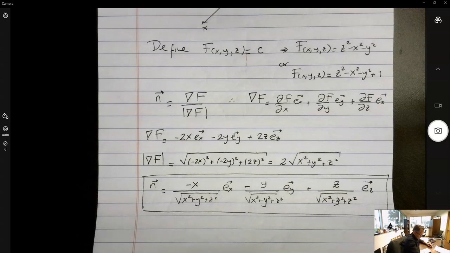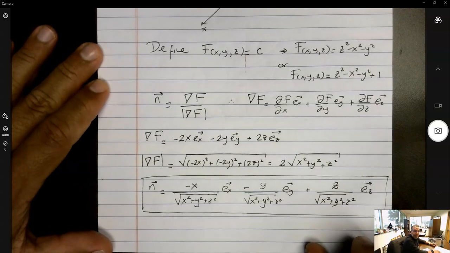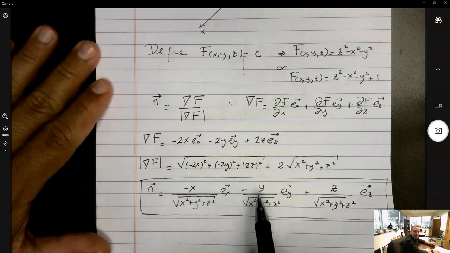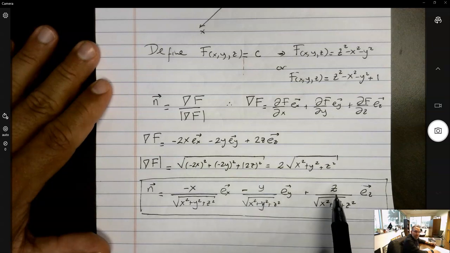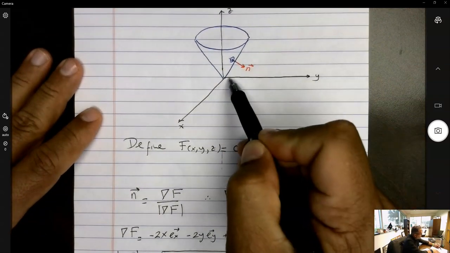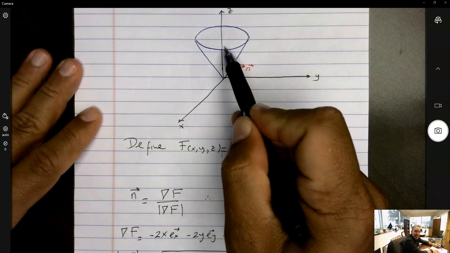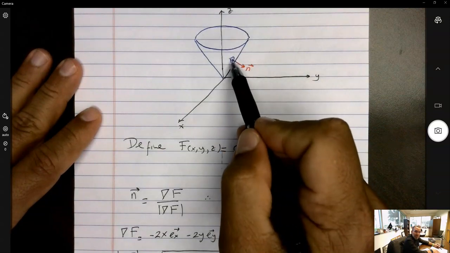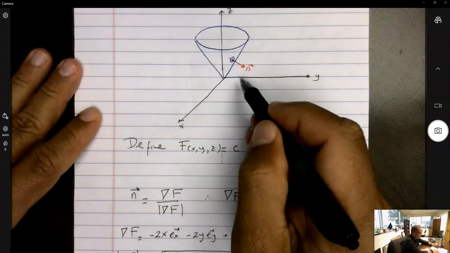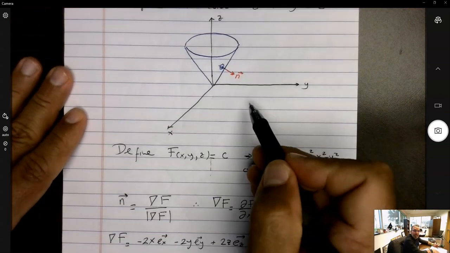Okay, now this vector, if you look at it, seems to be pointing in the negative x direction at a positive x point, in the negative y direction at a positive y point, and in the positive z direction at a positive z point. So if you pick a point in the positive xy plane and on the positive z axis, like the point (1, 1, 1) on this cone, the normal vector seems to be pointing inwards.